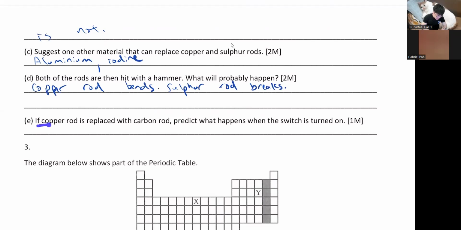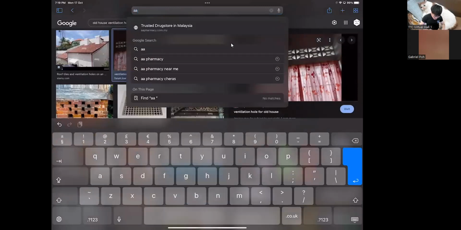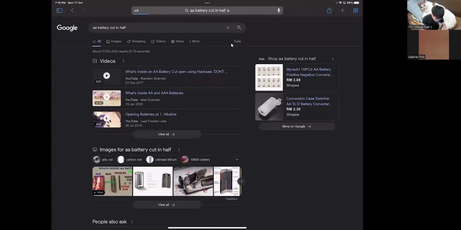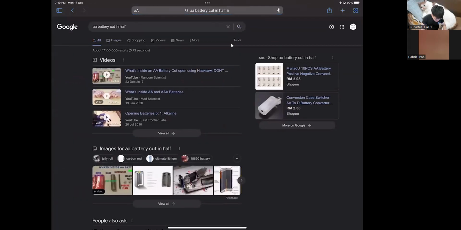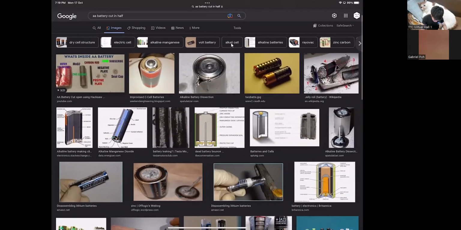So E, if the copper rod is replaced with a carbon rod, predict what happens when the switch is turned on. Like I said, carbon is a conductor. Your pencil lead is a conductor. In fact, if you chop your AA battery, the battery in your remote, into half, you see this middle rod there?